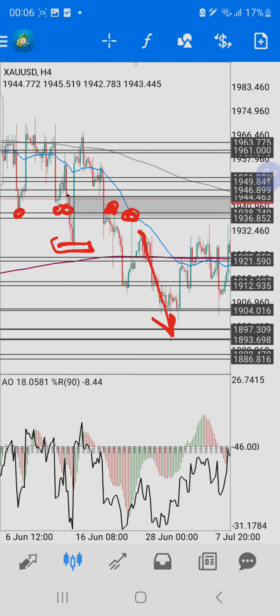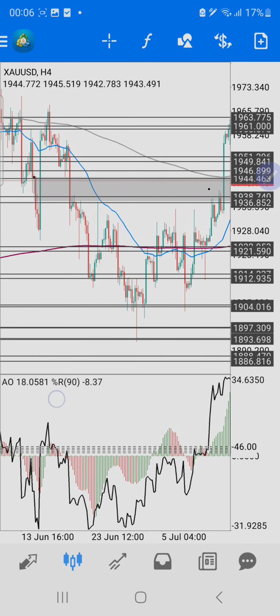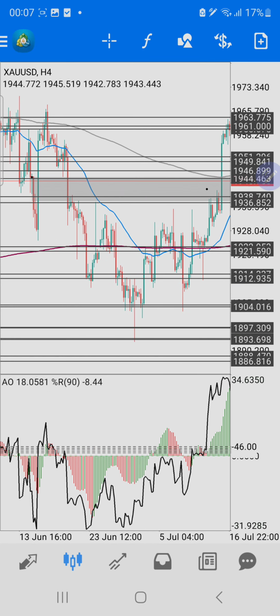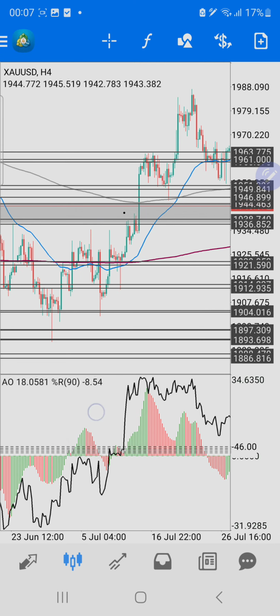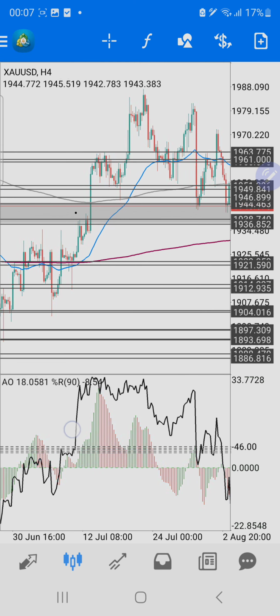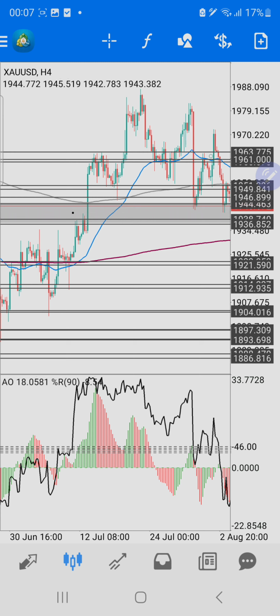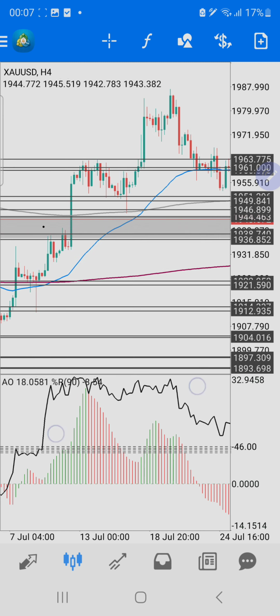Again, let me find a better example for you now. Okay, now if we go on this example, this was the area, market broke it, right?